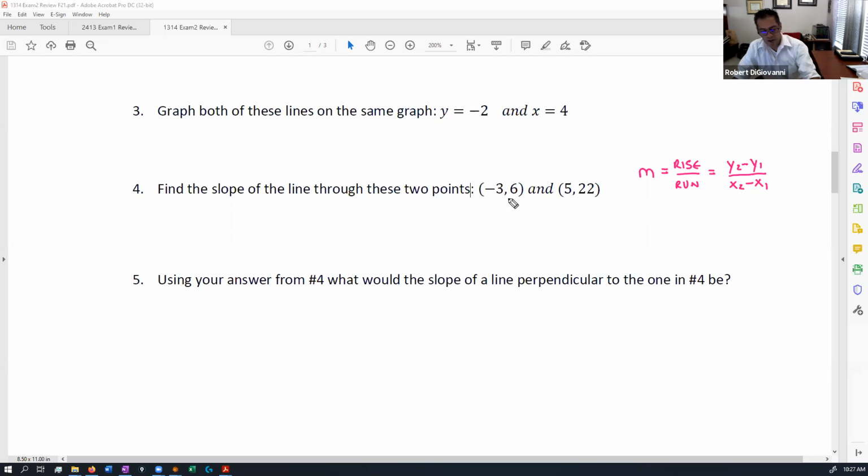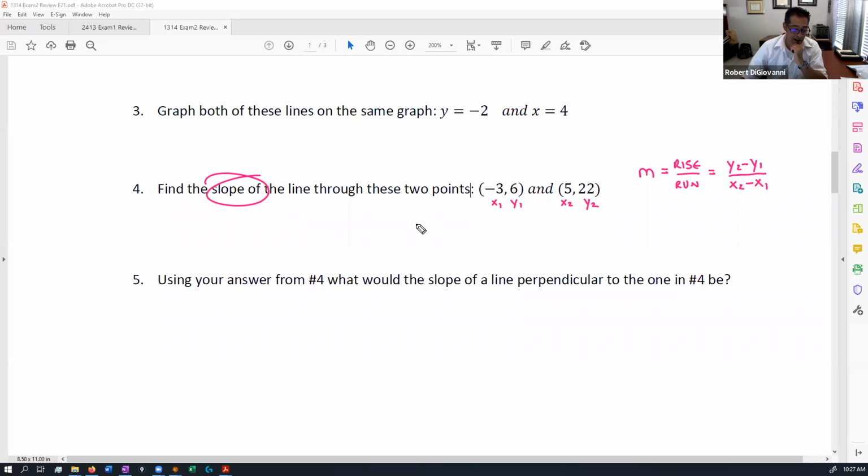So all you do here is you just label one of these points x1, y1, the other one x2, y2. And then you run this formula and you're going to get a number. That'll be the slope of the line. So your answer for this, I'm not asking you to draw a picture or anything, just tell me what the slope of the line is that goes through those 2 points.